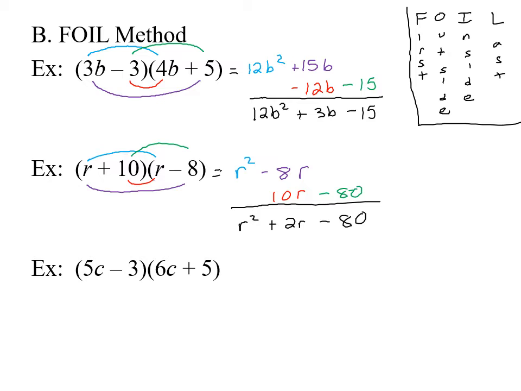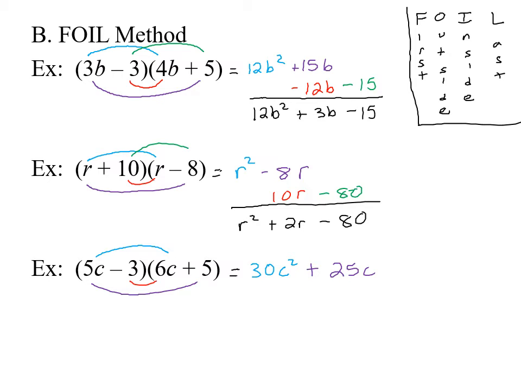And I'll do one more like that before we'll do some more, but the next ones are a little bit different. If I do the first one times the first one, 6 times 5 is 30. And now we're doing the letter c, so this is c squared. 5 times 5 is 25, c.